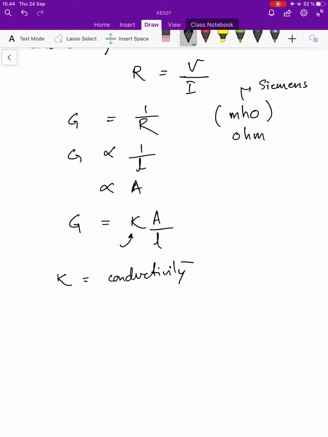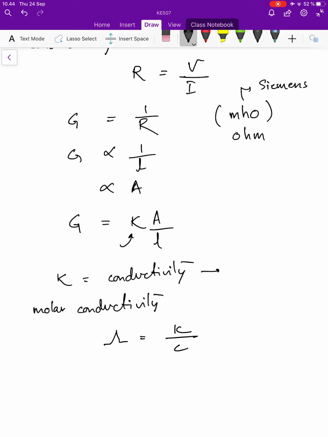However, this conductivity depends on the concentration of the charged species. So a more accurate description of the conductivity would be something called molar conductivity, which would be an intensive thermodynamic variable. And this is the conductivity divided by the concentration of the ionic species.